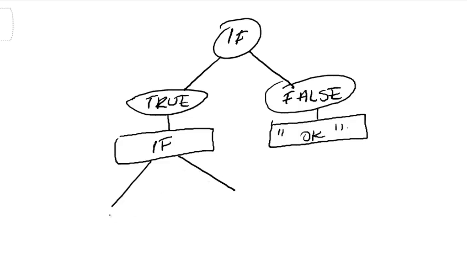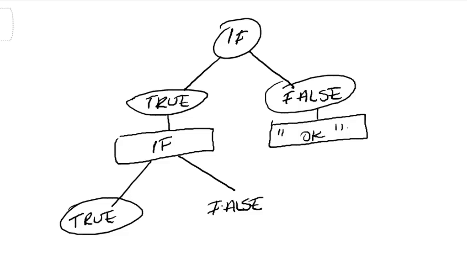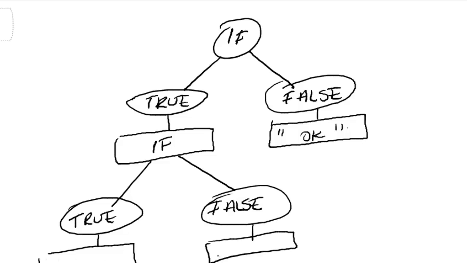And here you will have two possibilities, either true or false. Okay? And you can go on just creating conditions and processes to make your statements more complex.